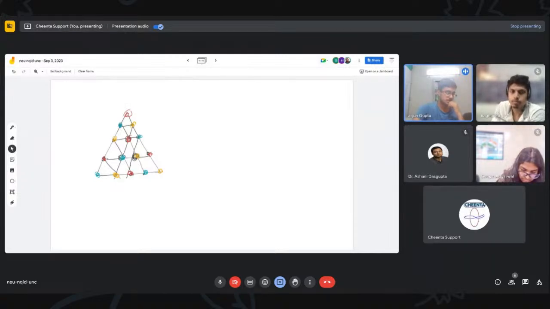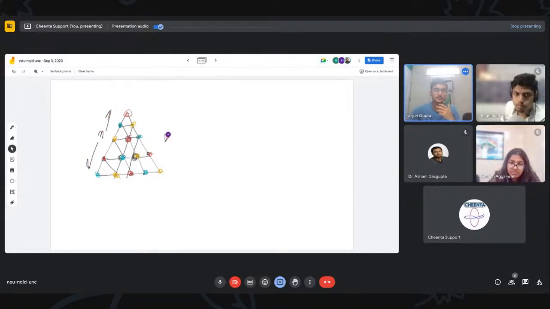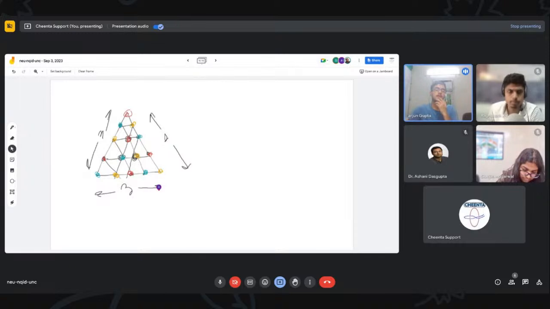But just for the sake of formality, I'll explain more formally how I'm coloring. I consider this as the Cartesian plane, and I consider this as the x-axis and this as the y-axis. Maybe you can consider this as the z-axis. This is like barycentric coordinates, and it might be a little hard.